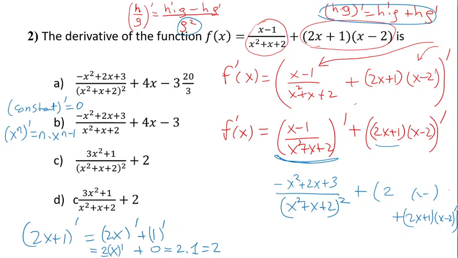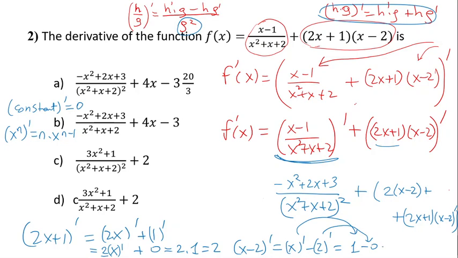So I rewrite. And if you do this job again here, x minus 2 prime, which is x prime minus 2 prime, this will be 1 here, and this will be 0. So you have 1. So this will be 2x plus 1 times 1. Okay, I will erase this part now.